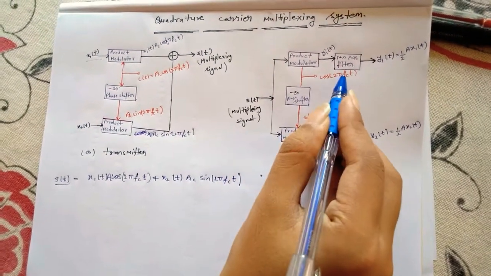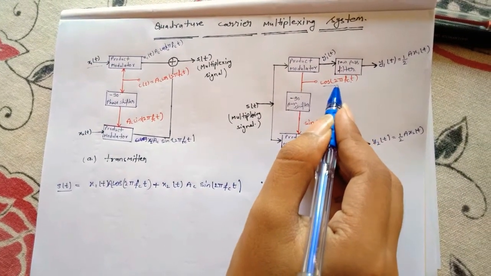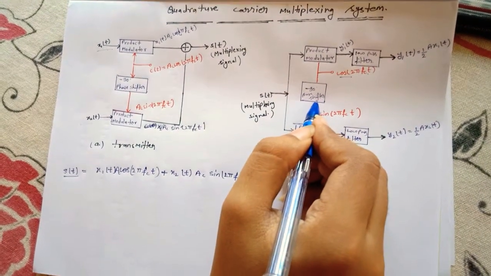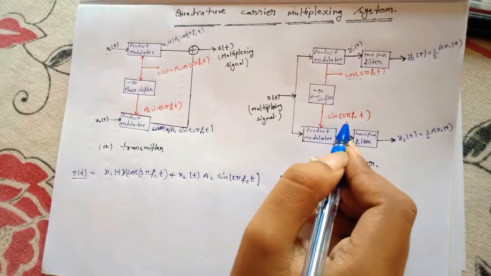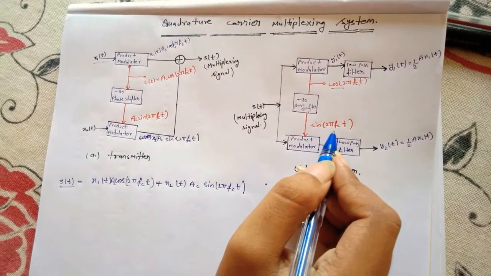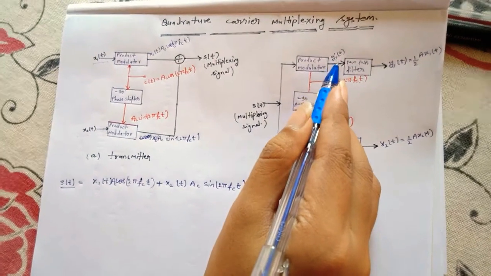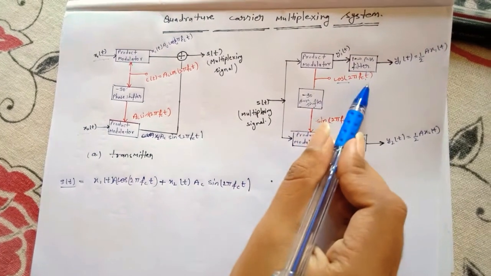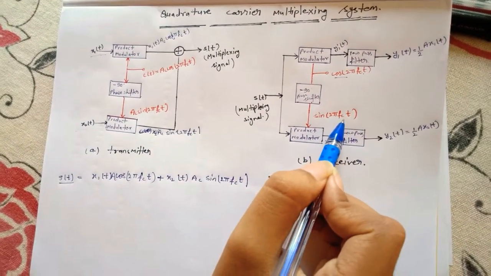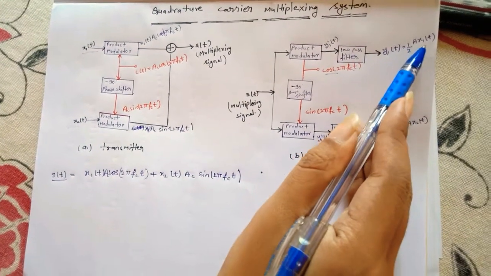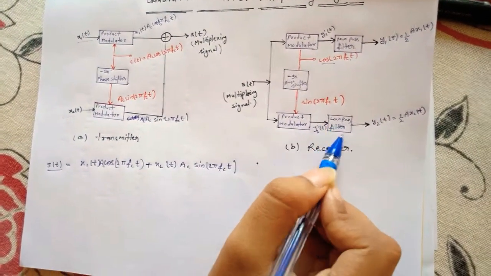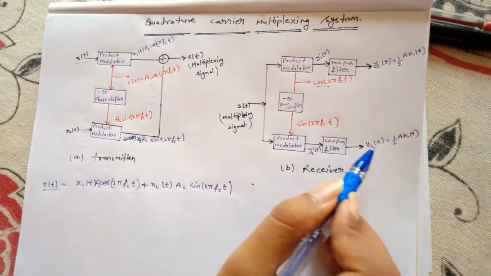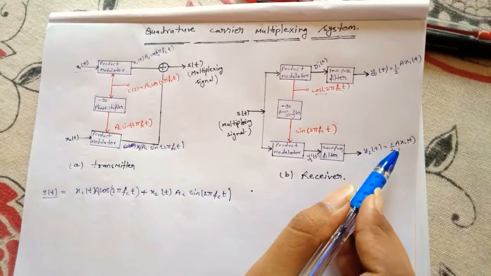Here we have a carrier signal generator producing cos 2πfct, and a 90-degree phase shifter to get sin 2πfct. This generates y1'(t) and y2'(t), and after that we pass them through a low pass filter. We get output y1(t) = 1/2 Ac x1(t), and y2(t) = 1/2 Ac x2(t).